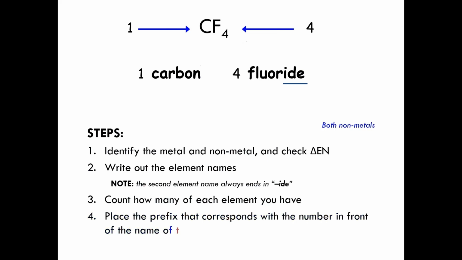And finally, place the prefix that corresponds to the number in front of the name of the element. And so because I can omit mono, the only prefix I really need to place into this name is tetra. And so this compound will be called carbon tetrafluoride.